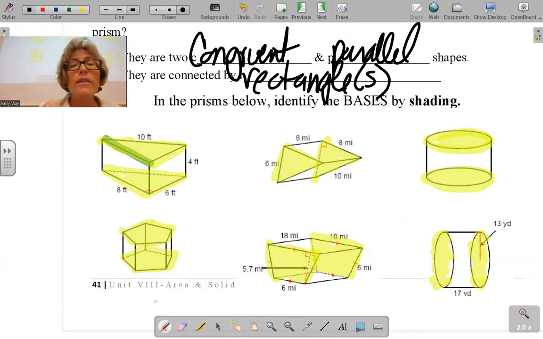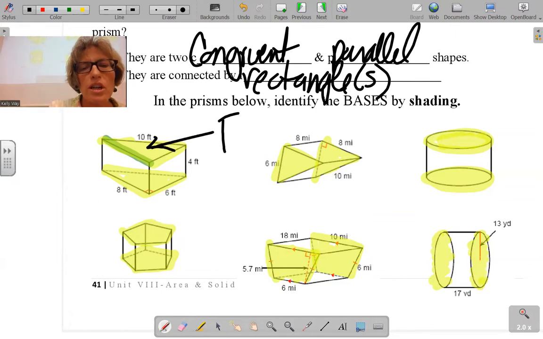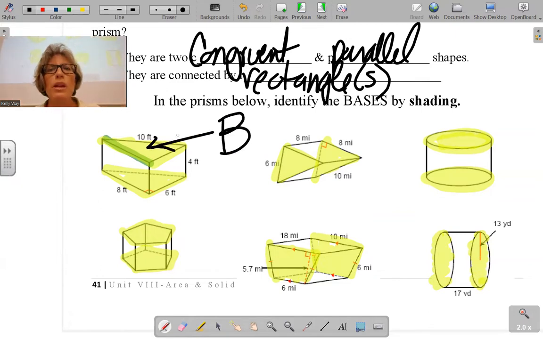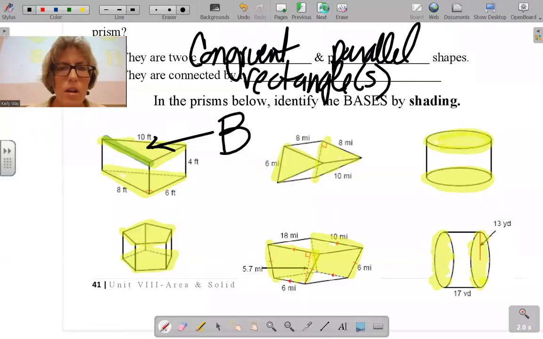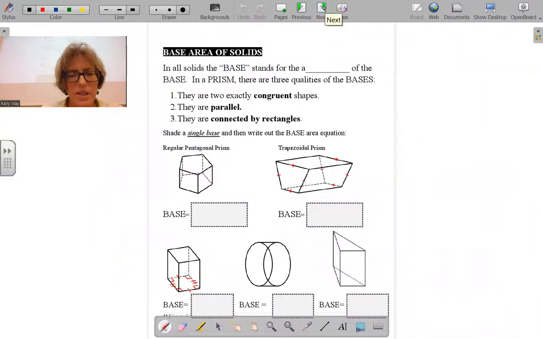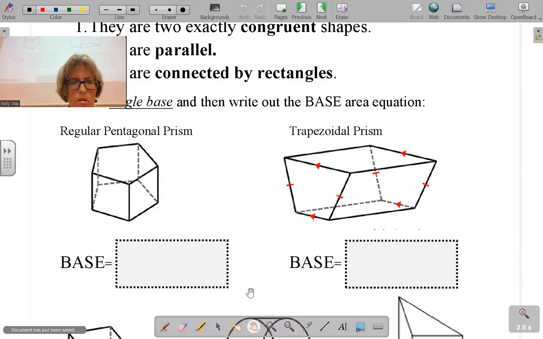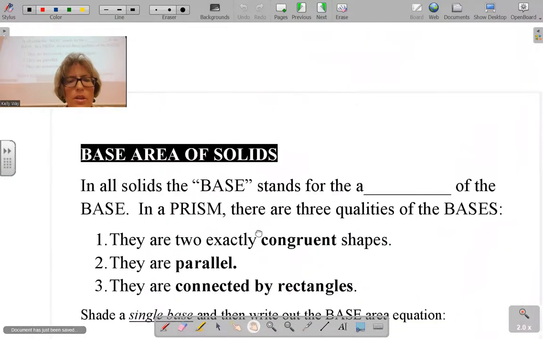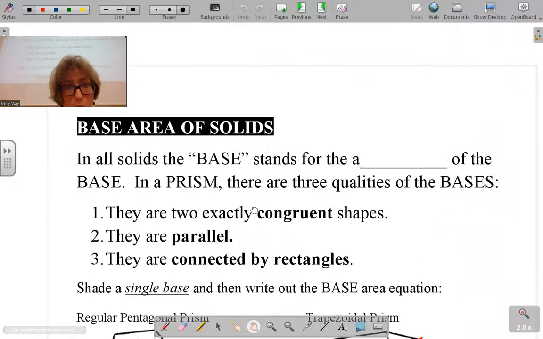Okay, so in the equations that we learn, we're going to be using a capital B, and capital B means area of. Now that you can find the bases, we're going to show you the equation for the volume of a prism.